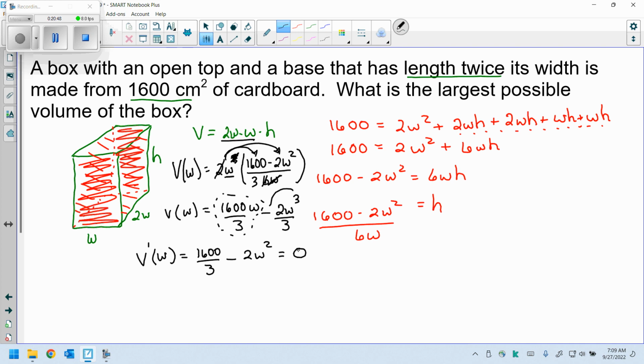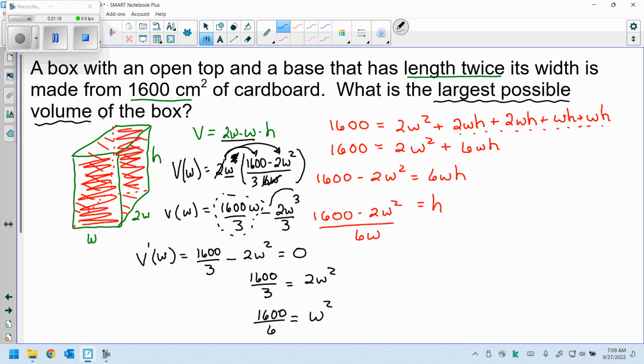So let's say 1600 over 3 equals 2W squared. So 1600 divided by 6 equals W squared. Now what they want is they would like the largest possible volume.